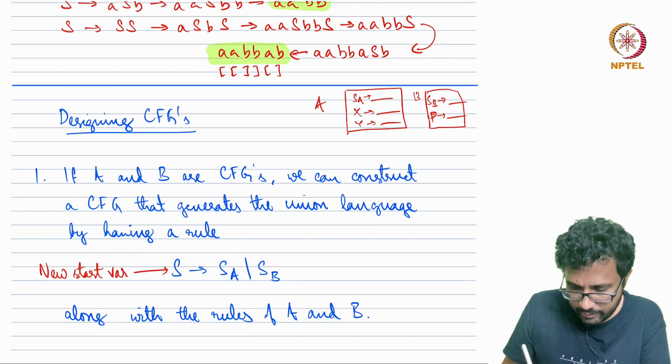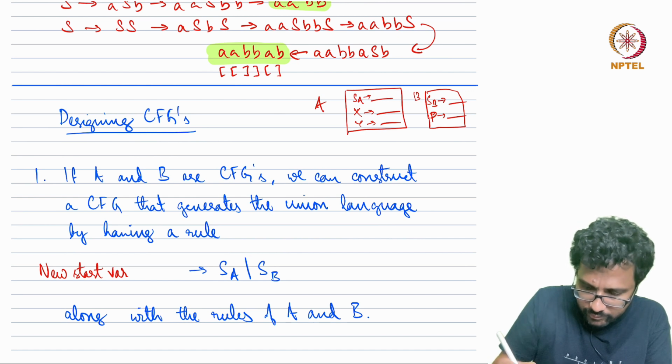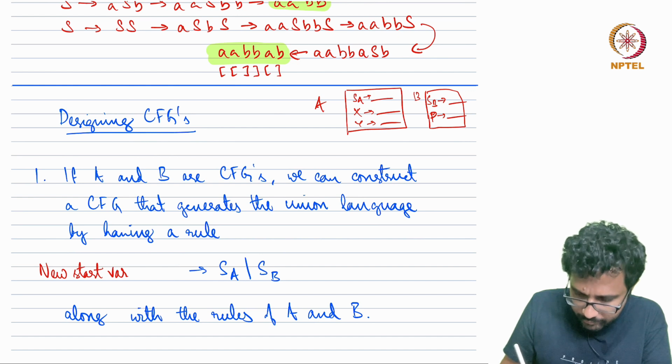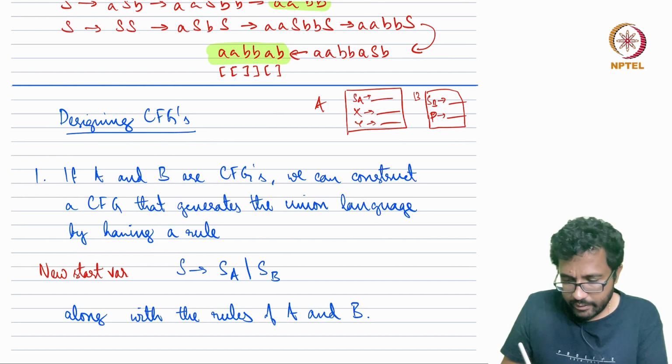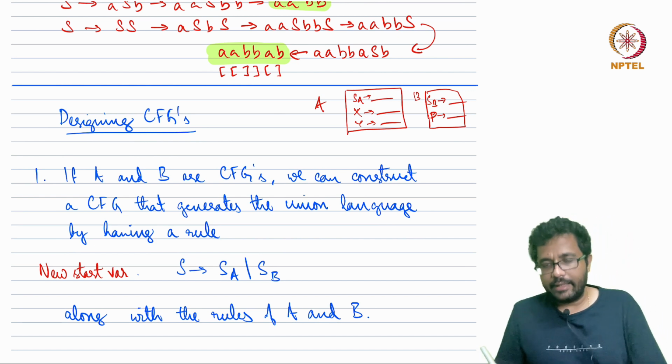This S is a new starting variable, and it produces either SA or SB.